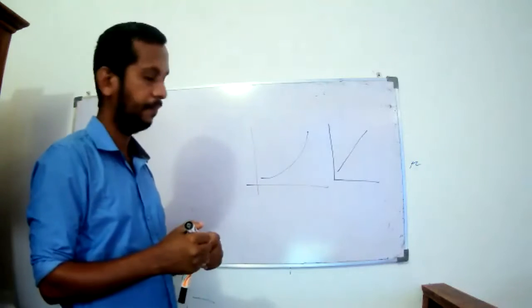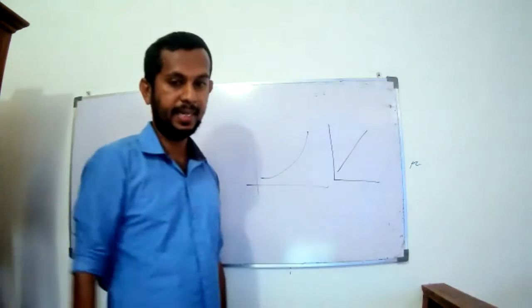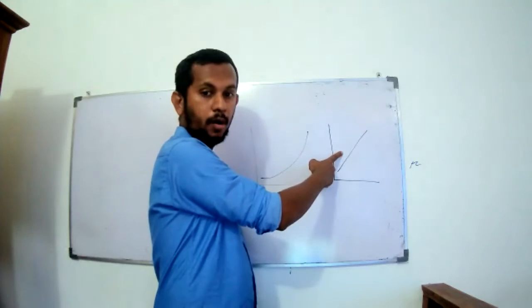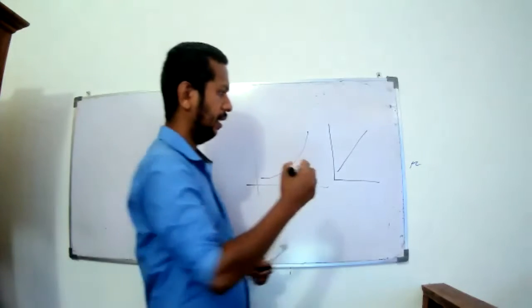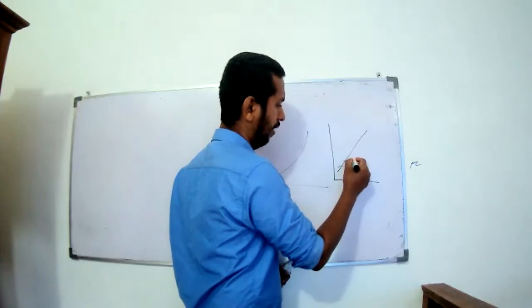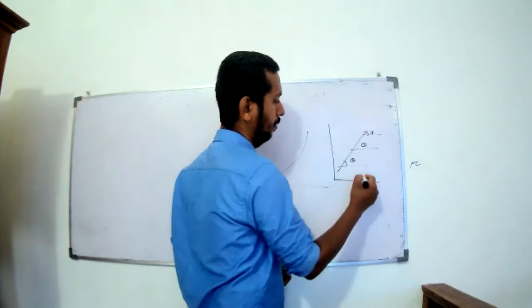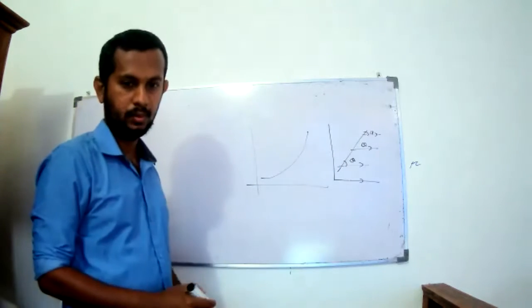You can see the slope of the straight line graph remains constant. The slope or the gradient is remaining constant. If I draw a line and measure the angle, you can see the angle is equal. These two lines are parallel to the x-axis. So gradient is uniform.